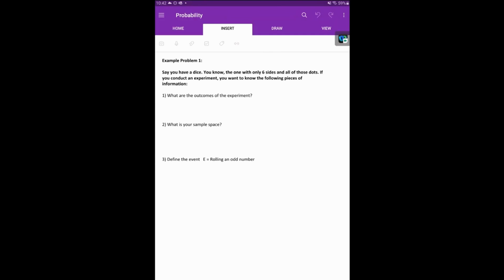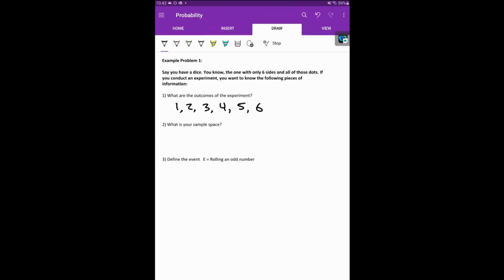What are the outcomes of this experiment? If you've got a dice, you see that you have dots on every side. That means you've got one side that has 1, and sides that have 2, 3, 4, 5, and 6. You don't have any side that's got more than 6, and you don't have any side that has nothing.